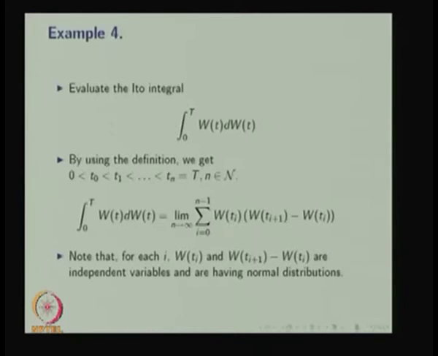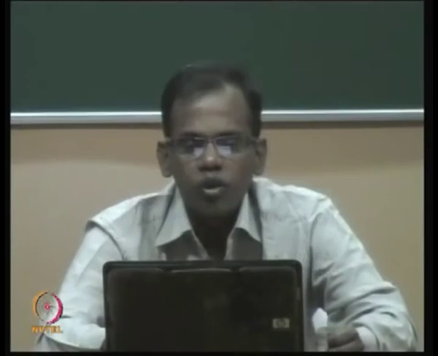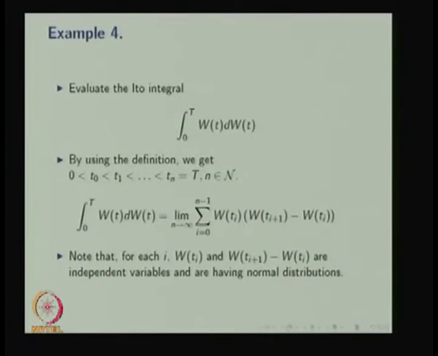Therefore W of t_i and W of t_(i+1) minus W of t_i are independent random variables having normal distributions. We are using the property of Brownian motion.